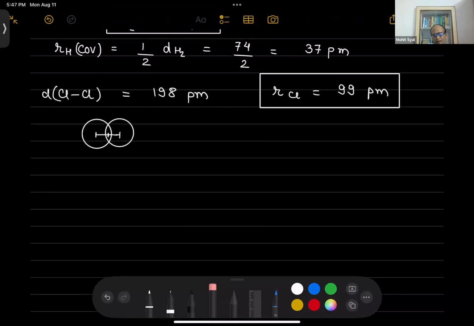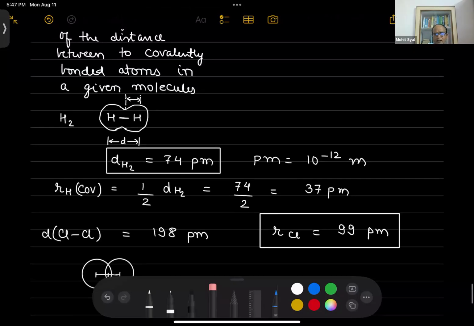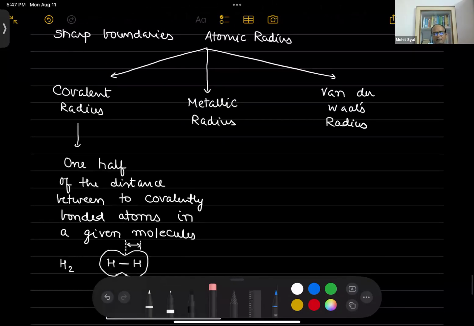Next is metallic radius. What do you mean by metallic radius? As the name indicates, you are measuring the distance.